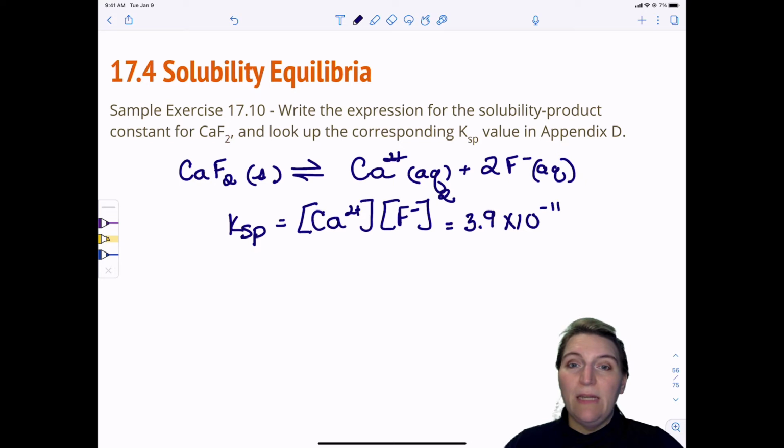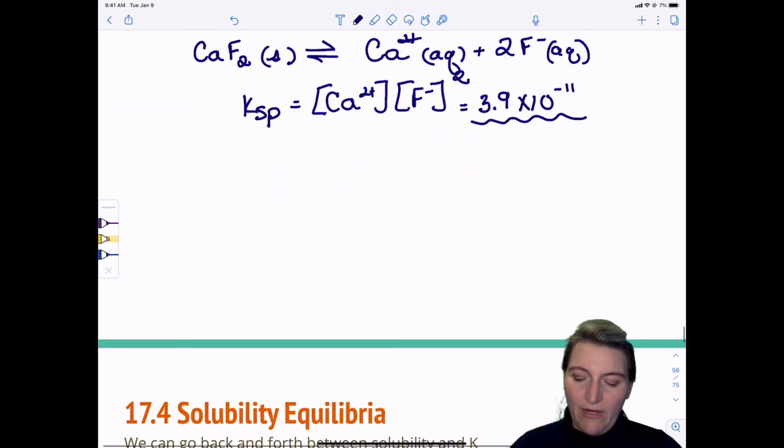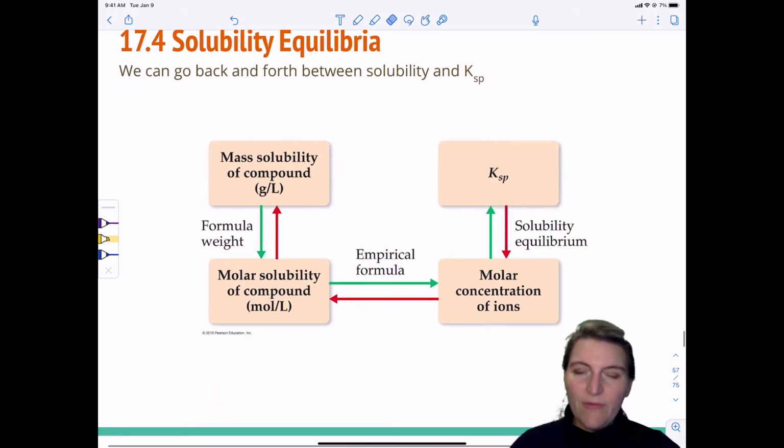So what that means is, think of 3.9 times 10 to the negative 11, or about 10 to the 11 of these guys, one of them will actually dissociate in water. So very rarely does this dissociate in water. And what we are going to learn to do is to go from Ksp, which we can look up, to molar solubility, which is a much more typical unit to describe how soluble a substance is. Basically we're going to do that through algebra.